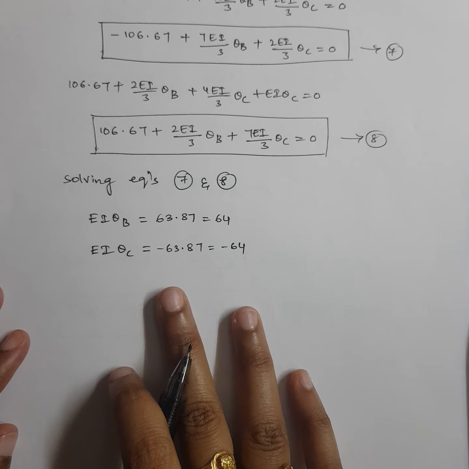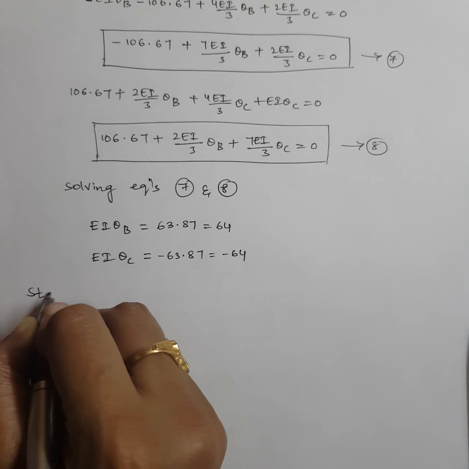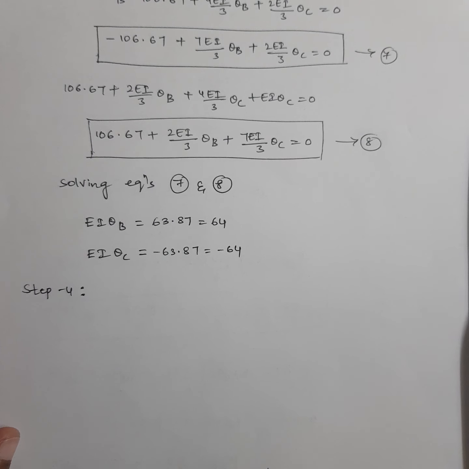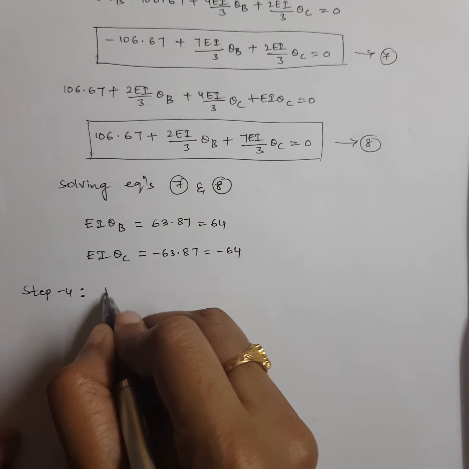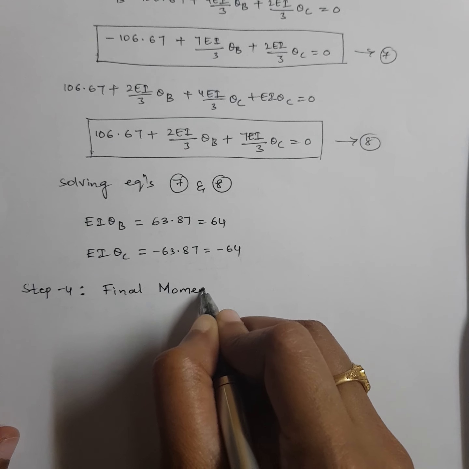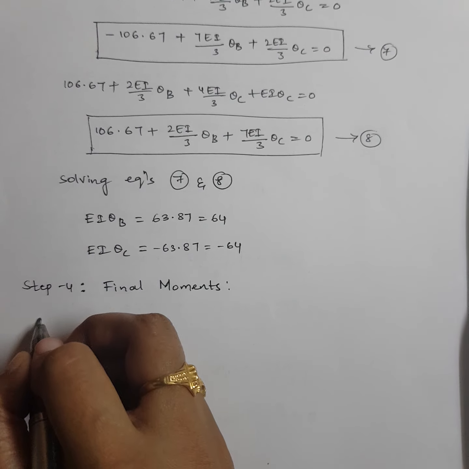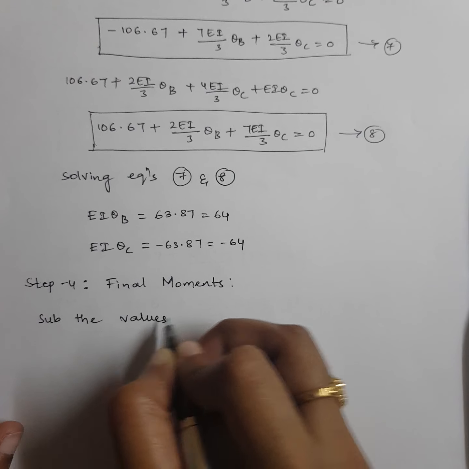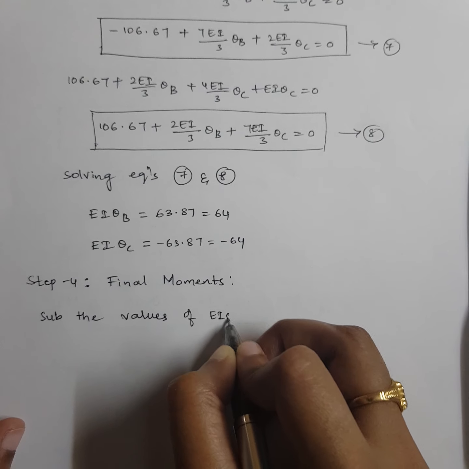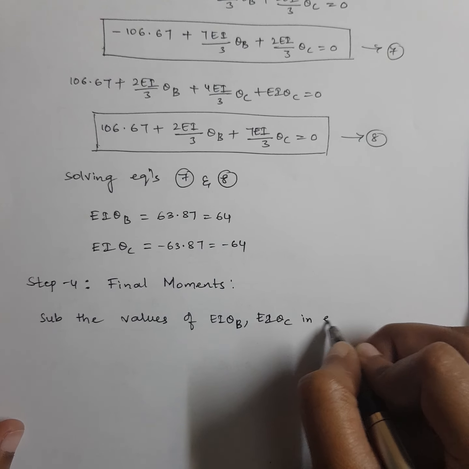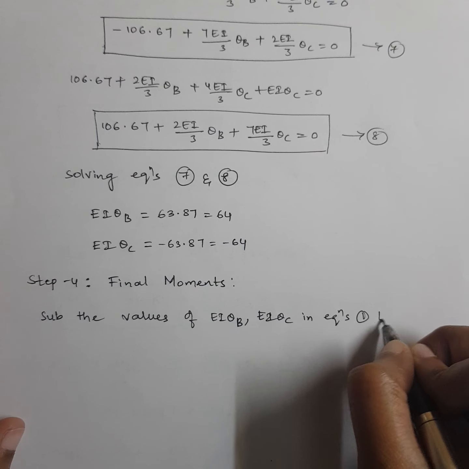Now what is the next step for us? Step 4. What is step 4 about? Substituting these slopes in slope deflection equations to get the final moments. So step 4 is about final moments. Okay, now let's write for final moments. How do you get it? Substituting the values of EI theta B, EI theta C in equations 1 to 6.